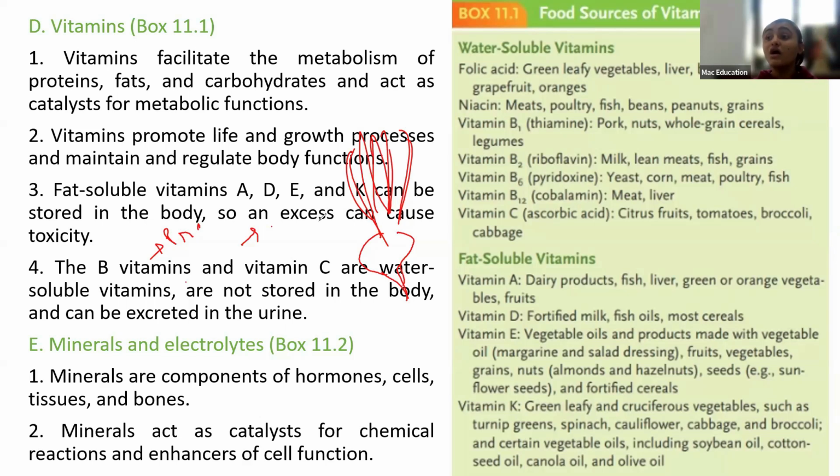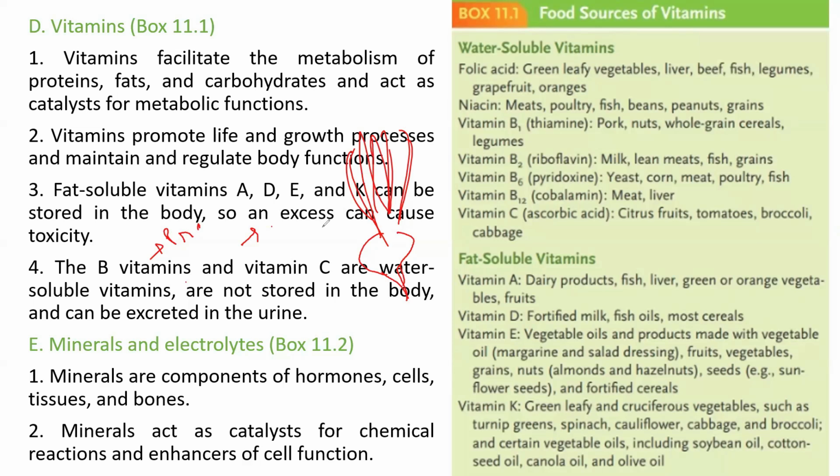Which type of food you will avoid in the patient? So we have to understand that we have to avoid protein rich food, sodium rich food, and potassium rich food. So you have to read all the options and find out that this source is rich in protein, this source is rich in sodium, this source is rich in potassium, and then you have to select the option. Understood my point? Yes, ma'am.